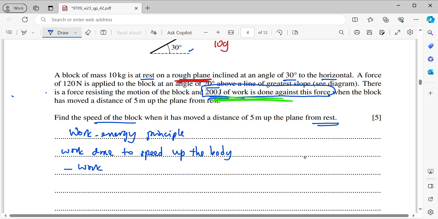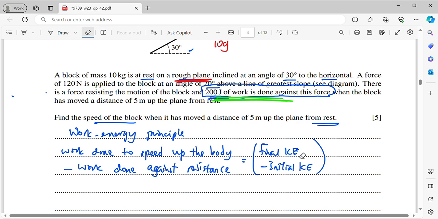minus work done against the resistance, it is the same as final KE minus initial KE, where KE is kinetic energy, plus final PE minus initial PE.